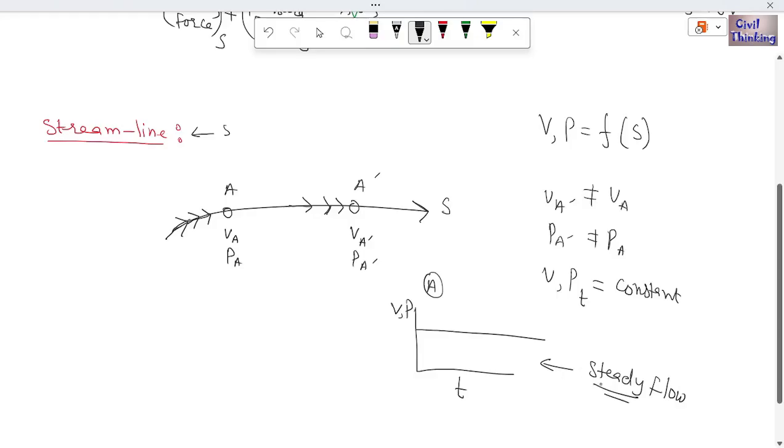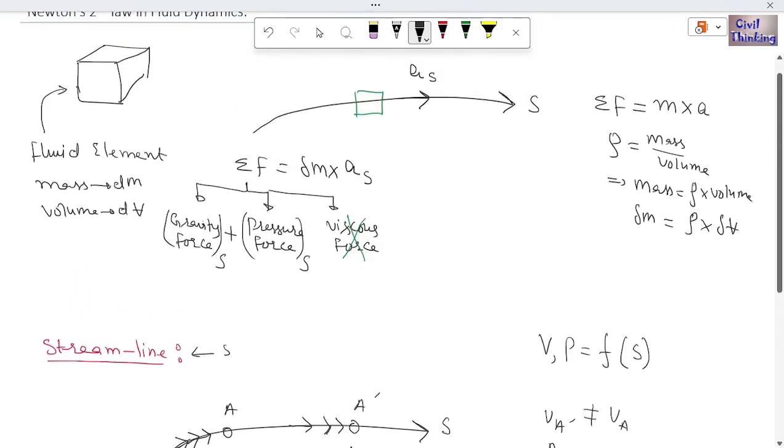Now why do we consider steady flow and all of these assumptions? Our assumptions are: the first assumption is inviscid fluid or inviscid flow, where viscosity is 0, so viscous forces are 0.